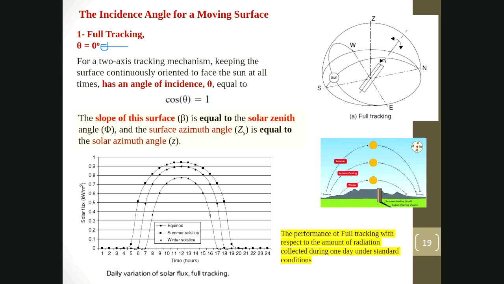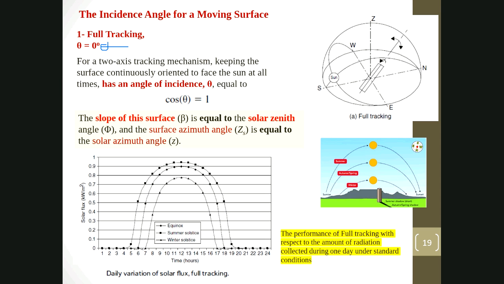So what happens for the surface? How can it follow the sun? I will make the angles of the surface equal to the angles of the sun. Which angles of the surface do we have?